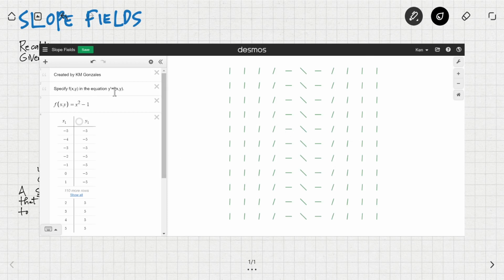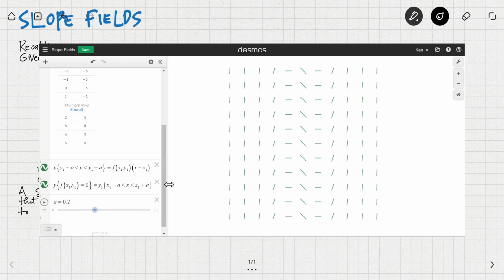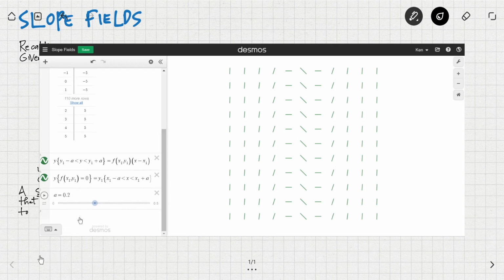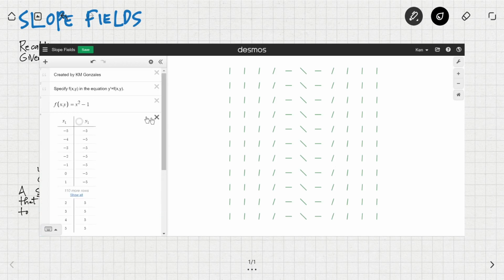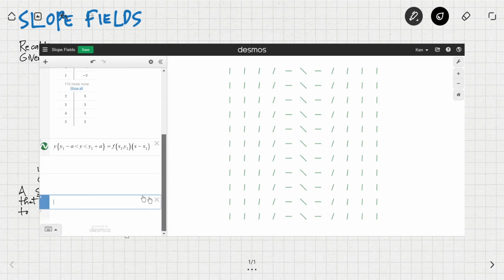Now, the differential equation here is y prime equals x squared minus 1. So, let me just plot one solution. So, again, yung equation natin, y prime is equal to x squared minus 1. You can actually just solve this by integrating both sides. So, try to do that.